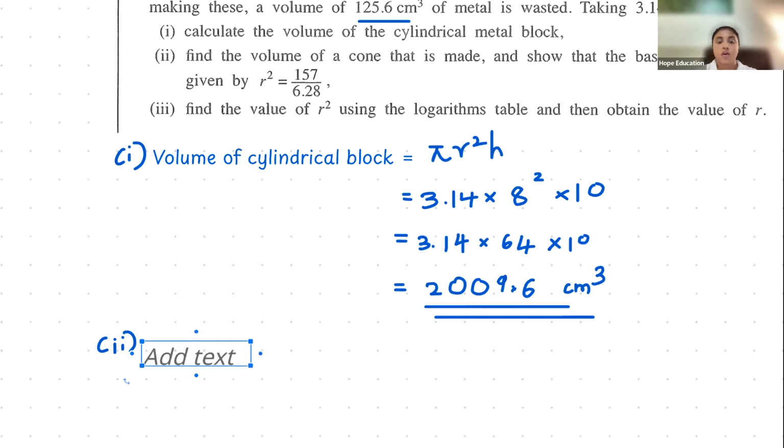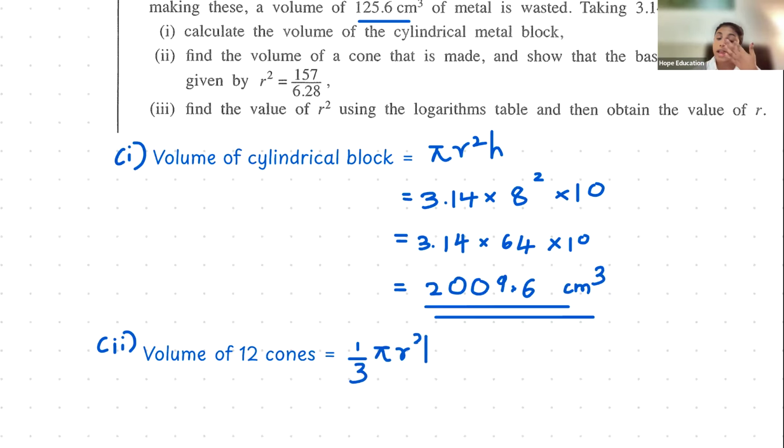Right? So the volume of one cone is 1 over 3 pi r squared h, and there are 12 such cones, so I will multiply this by 12.